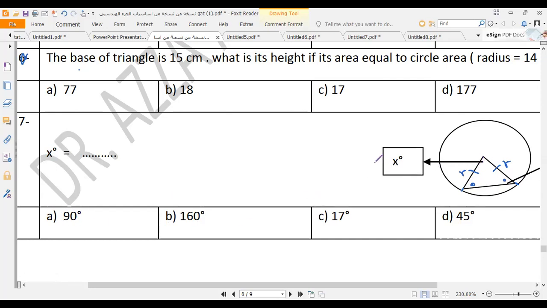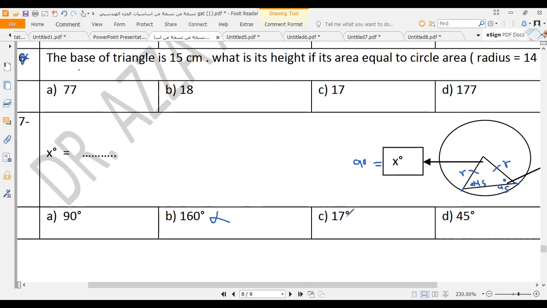If x is equal to 90, so now I have 90 divided between these two equal angles. So this will be 45 and this will be 45. So 90 may be correct, but 160 is not acceptable because this is an acute angle. So you can skip this one.